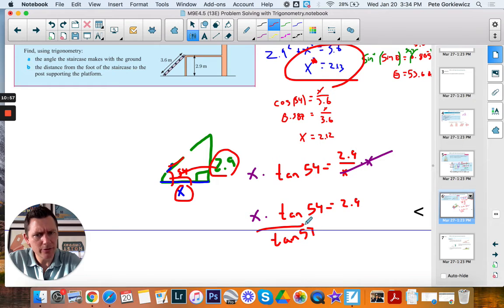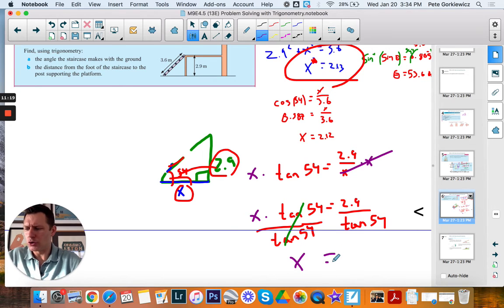Just pop it right in there. Sorry about my terrible finger writing. This side you'd also have to do the same thing, divided by tangent of 54. Whatever gross decimal the tangent of 54 is, divides out on both sides. Out the left side like that, and you're just left with x. Shazam!